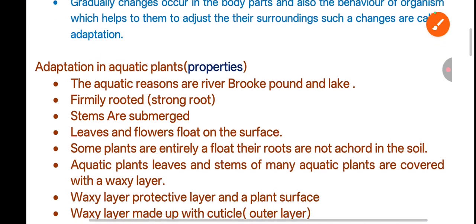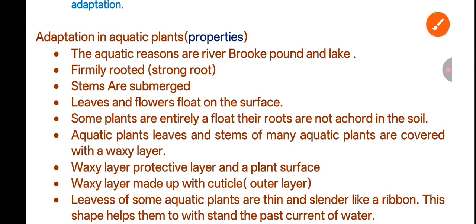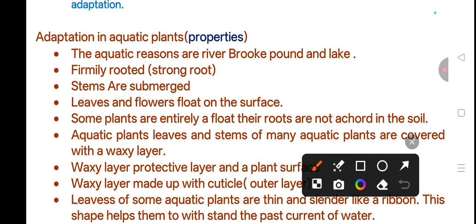First we are discussing adaptation in plants. In the first type, adaptation in aquatic plants. Aquatic means water region plants. The plants growing in water we call aquatic plants.